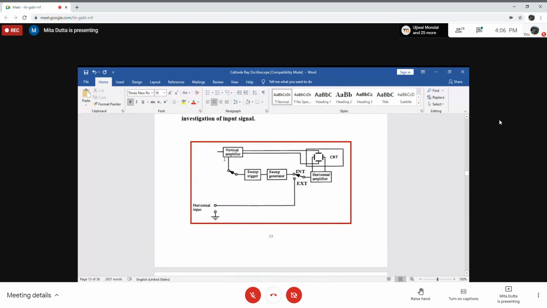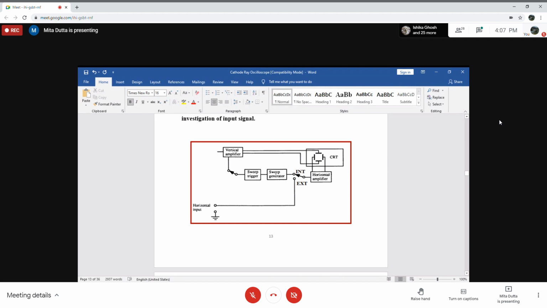Now, if it is connected internally, then the signal will go to the sweep trigger circuit and the sweep generator, and the sweep generator is excited by part of the signal coming out from the vertical amplifier. This is the function of the INT knob on the front panel of the oscilloscope.